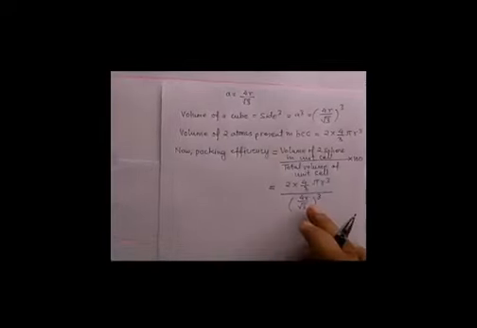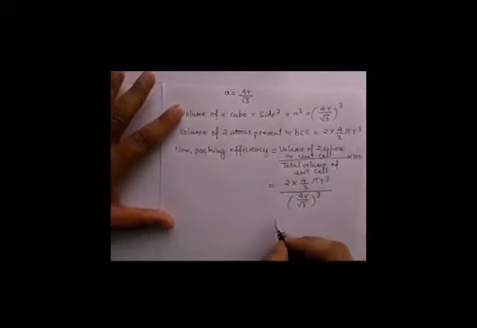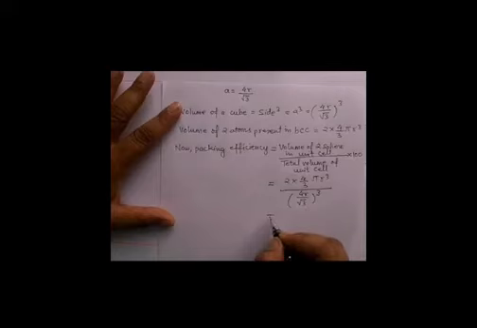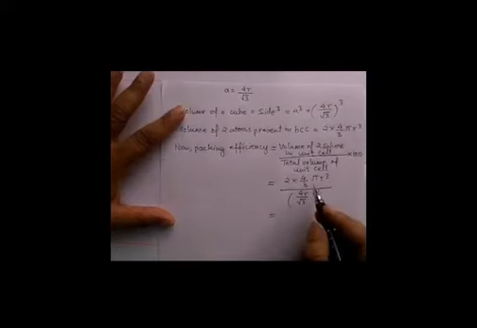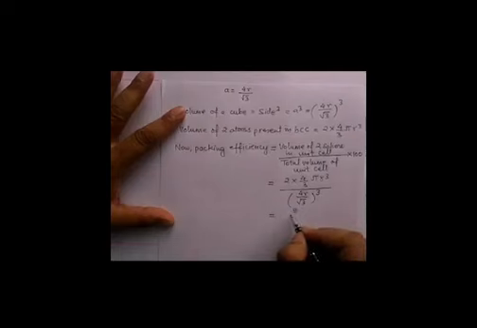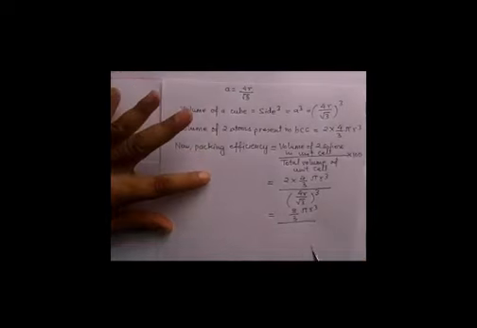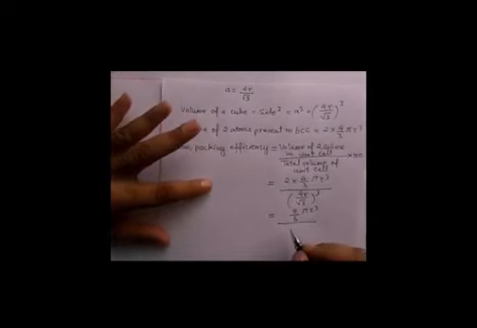If this value is calculated, this is going to be 2 into 4, 8 by 3 pi r cube, divided by how much?